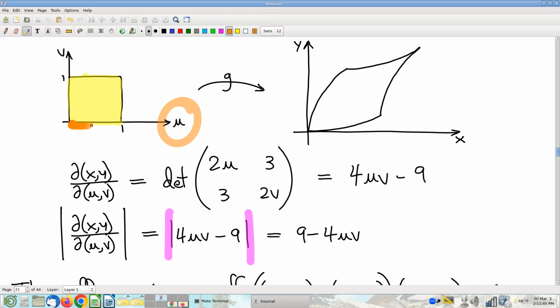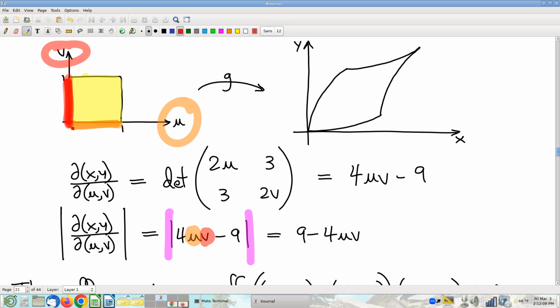I can see right here in the picture u and v on this pullback domain, on that yellow square. U is always between 0 and 1. So that thing right there, that u, always between 0 and 1. And then likewise, there's the v-axis. V, apparently also always between 0 and 1.